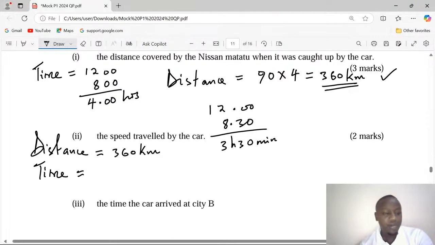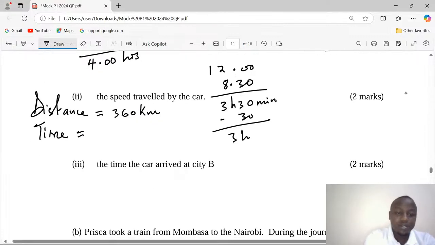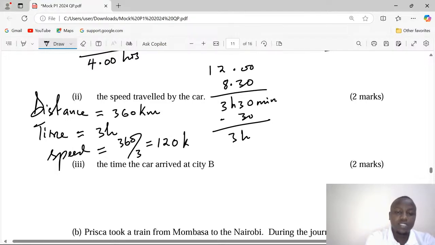But within these 3 hours 30 minutes, there was a stoppage of 30 minutes, which means the actual time the car was practically moving was 3 hours. That is the interpretation we're supposed to give such a question. So the speed is going to be distance over time taken, giving us exactly 120 kilometers per hour. That is the speed of the car.